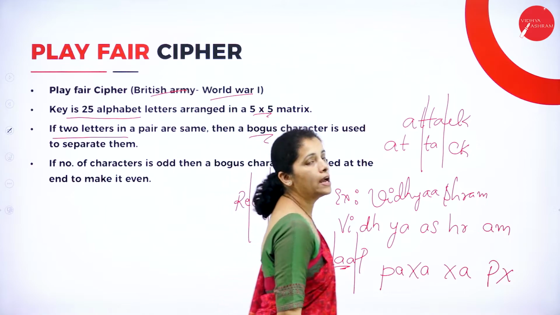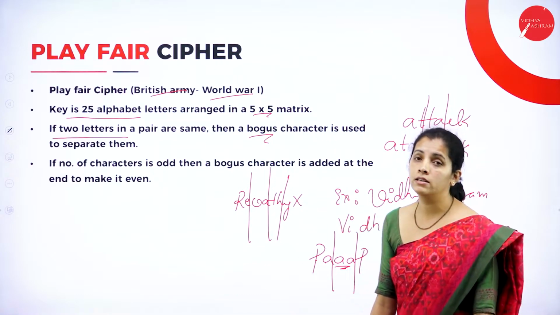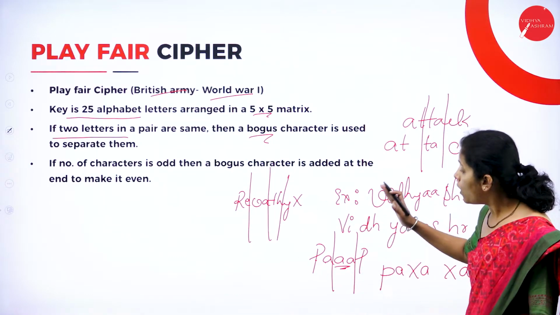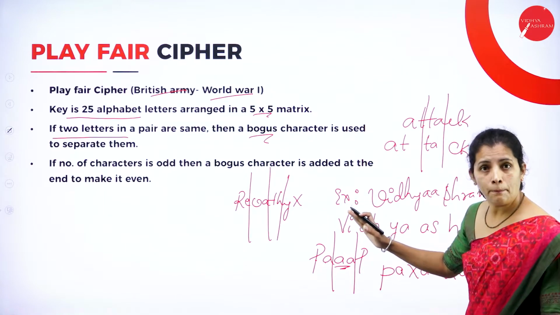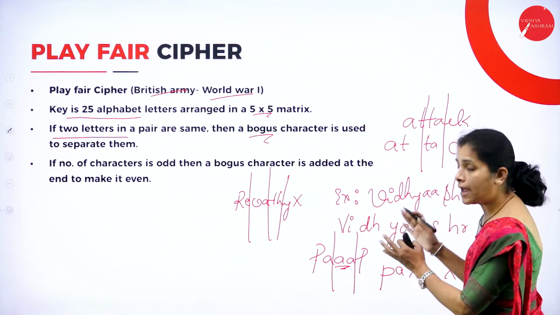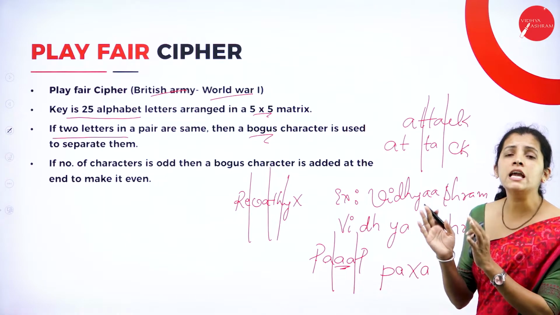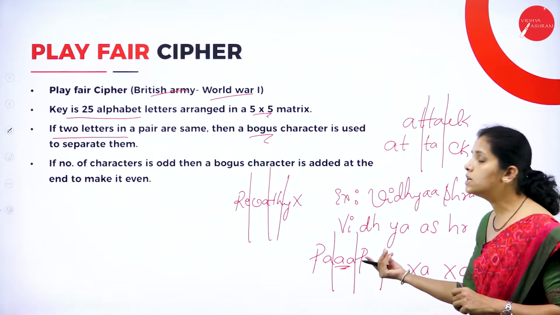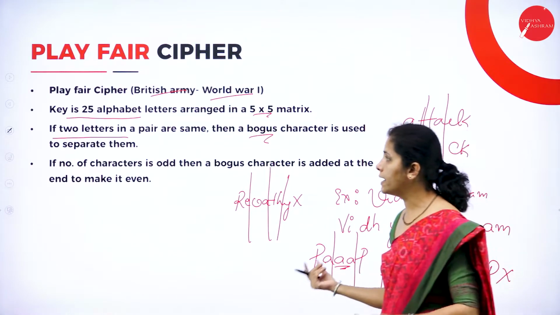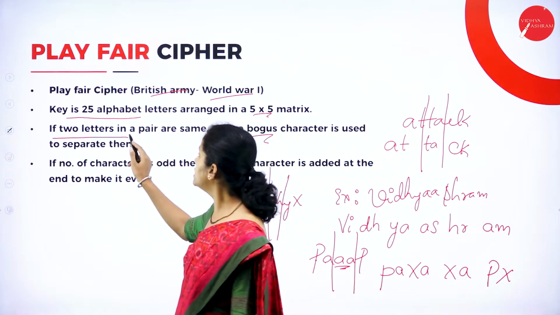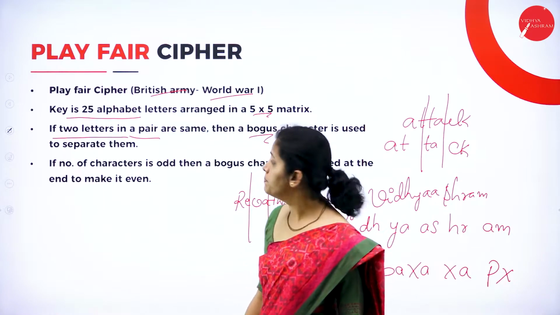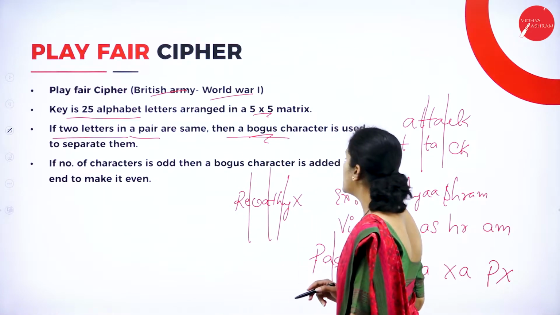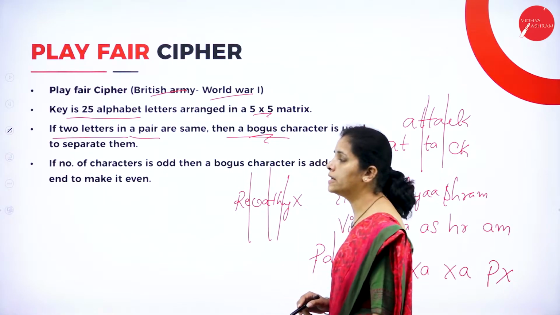So this is the way I can add a filler letter. That means after making a pair, within the pair, if I'm having the same letter, then I want to add a bogus letter or bogus character. So if two letters in a pair are the same, then a bogus character is used to separate them.